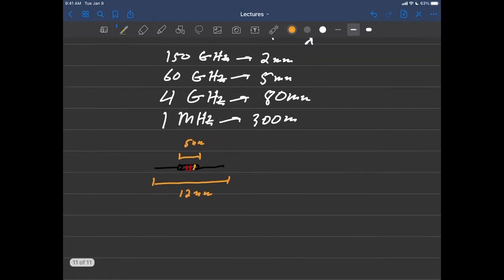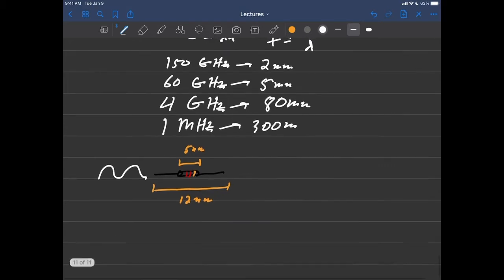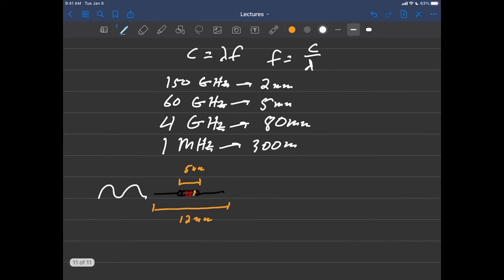Well, supposing in this electronic circuit you were imposing some sort of sine wave voltage on your resistor. Then suppose you started to approach frequencies that this formula predicted. Because the core resistive element has a size of about 5 millimeters, that corresponds to a frequency of about 60 gigahertz.